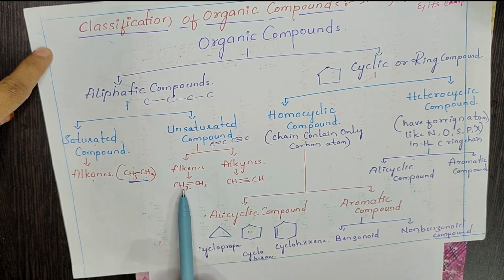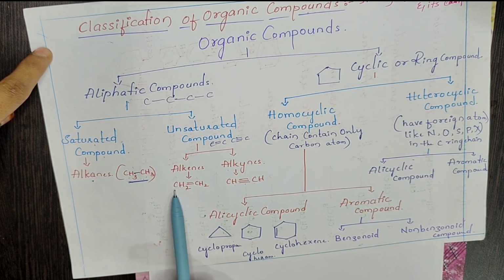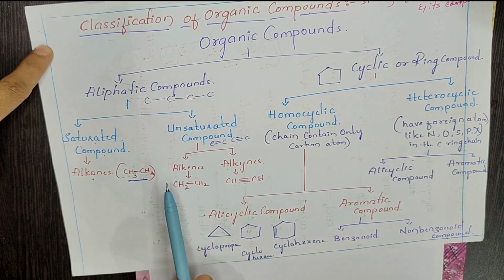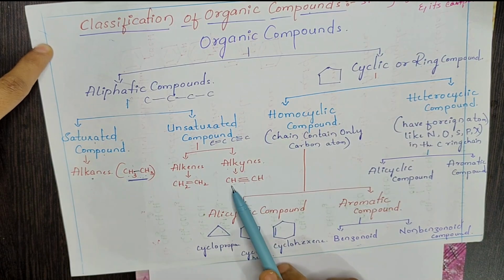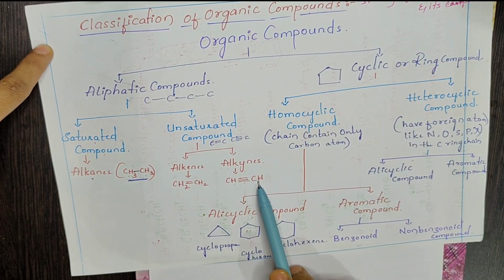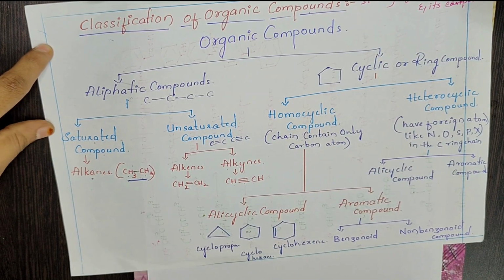If a carbon-carbon double bond is present, those compounds are called alkenes. If a carbon-carbon triple bond is present, then those compounds are called alkynes.